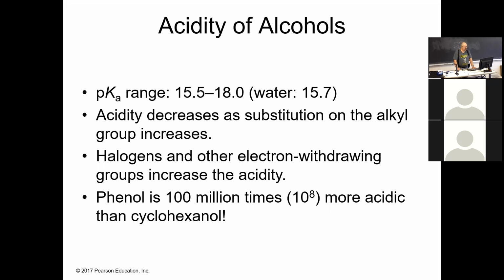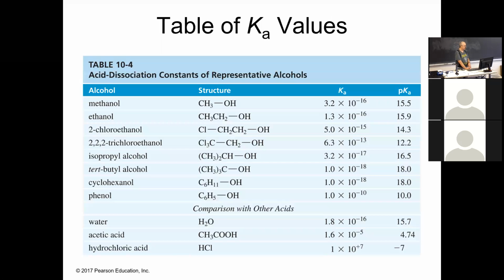Halogens and other electron withdrawing groups that are nearby will increase the acidity. Phenol is 100 million times more acidic than cyclohexanol. That's one of the reasons why phenols are classified in a separate functional group.